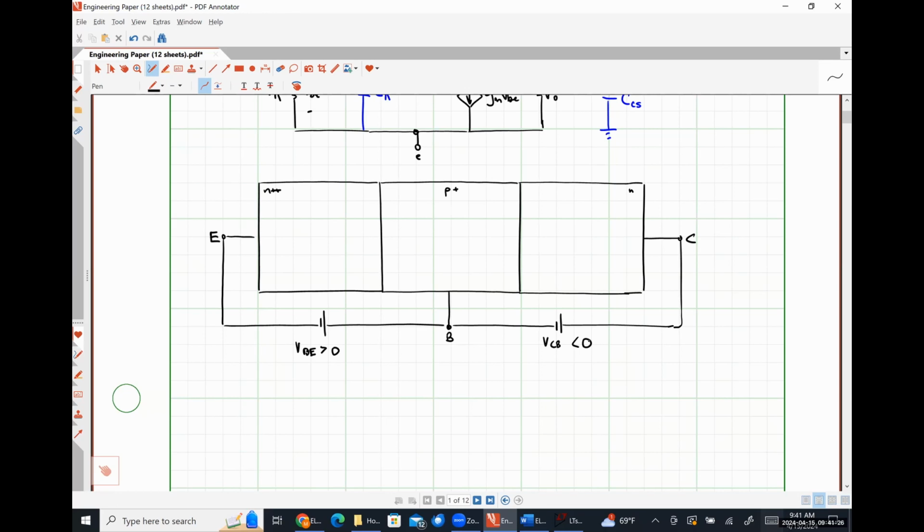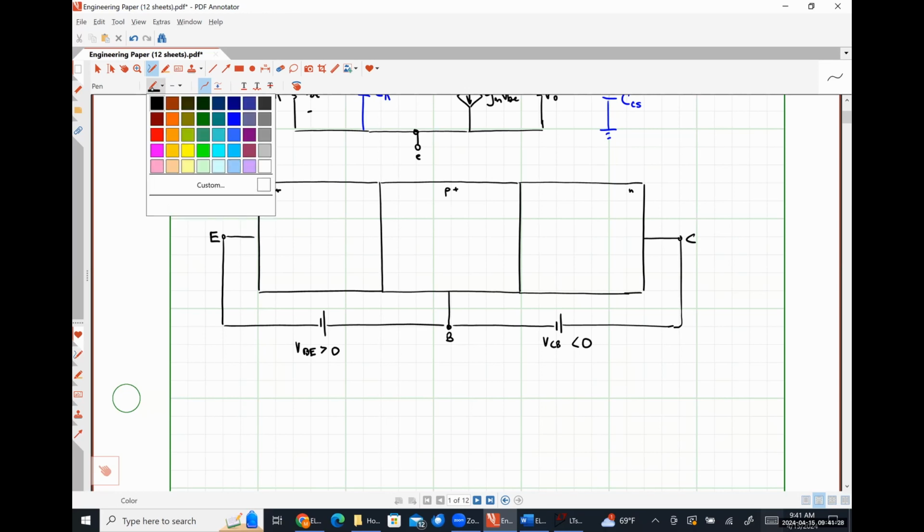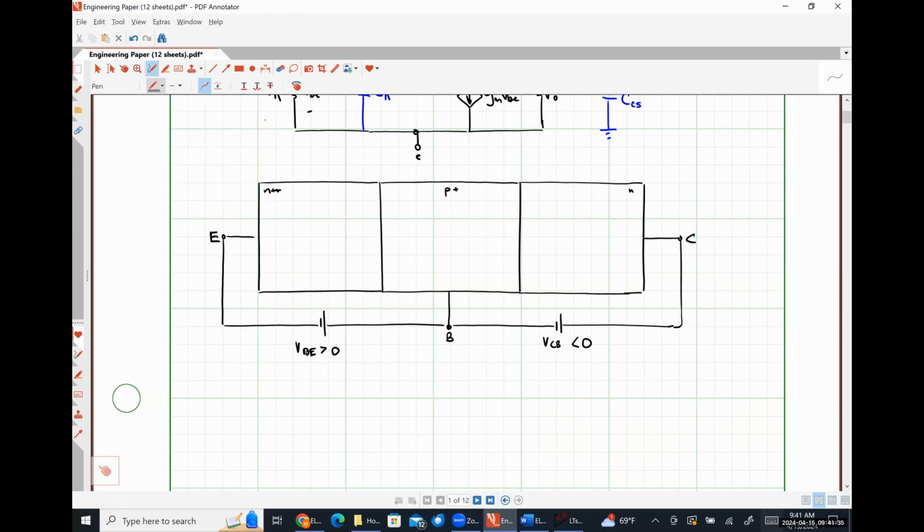All right, so let's look at our carrier concentrations first. Or actually, first let's define our depletion region widths because that's going to play a big role in things here. Because my base emitter junction is an N++, P+ junction, and it is forward biased, we are going to have a depletion region, but it is going to be rather small, right?